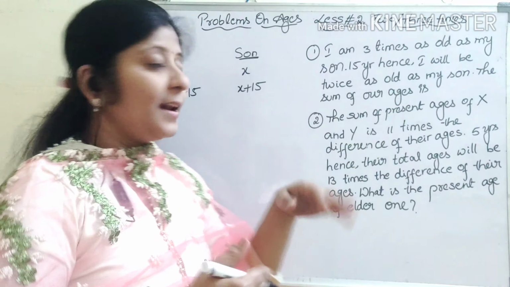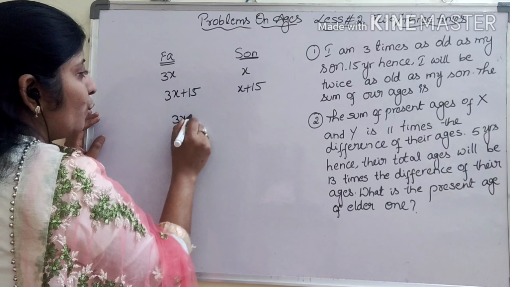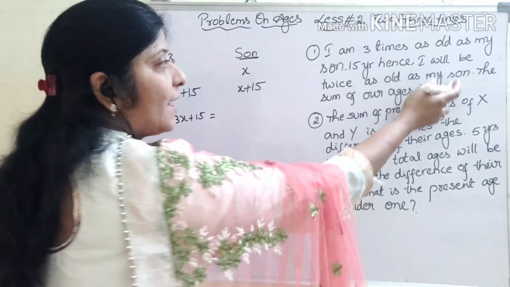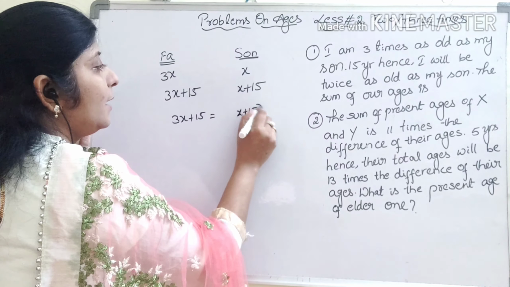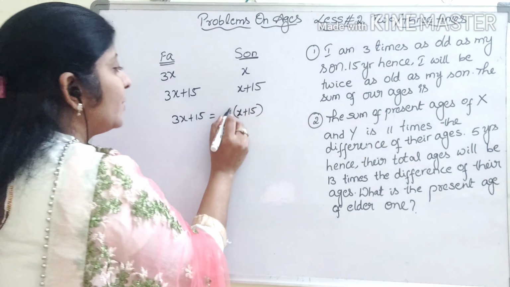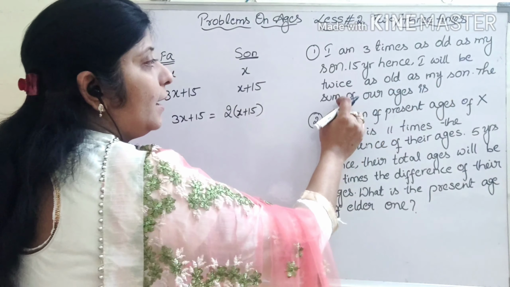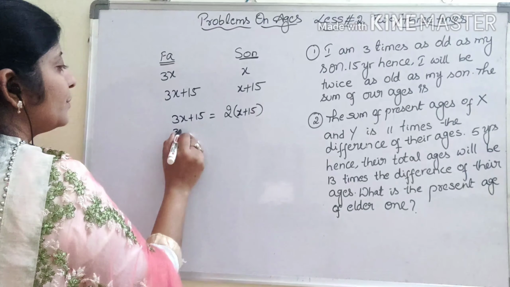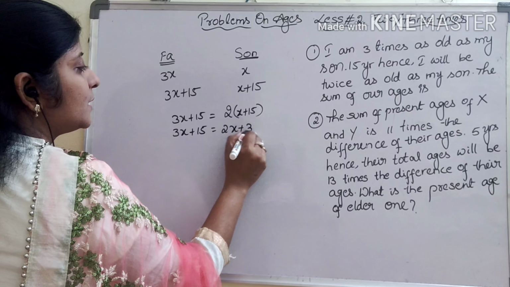I will be twice as old as my son. Son's age is x plus 15. He is saying that twice as old, that means 2 times the son's age, 2 multiplied by x plus 15, which will be equal to 2x plus 30.